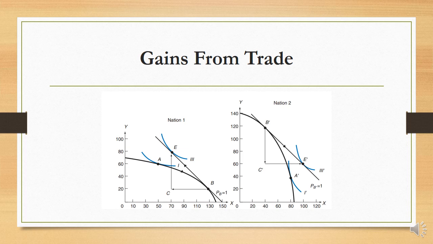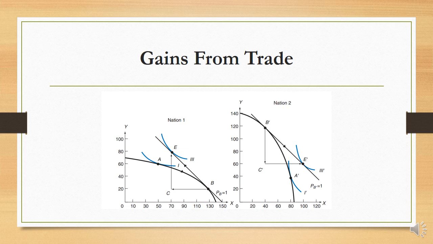When the two nations agree to trade, nation 1, because it has a comparative advantage in commodity X, specializes and produces X. The arrow shows the production and specialization in X, and after exchanging its comparative advantage good, it produces and consumes at the highest indifference curve.